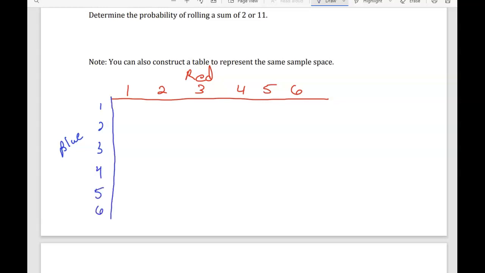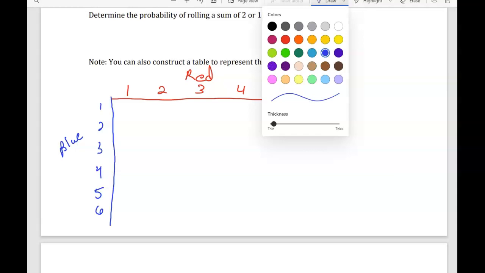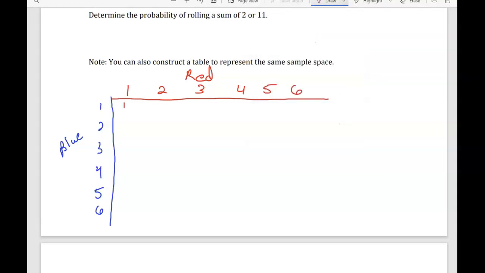We can do the cross of those. I'll come down through with each of my columns and put in all of my red options, and then I will come back in and enter all of my rows with my blue options. And this will give me my sample space.